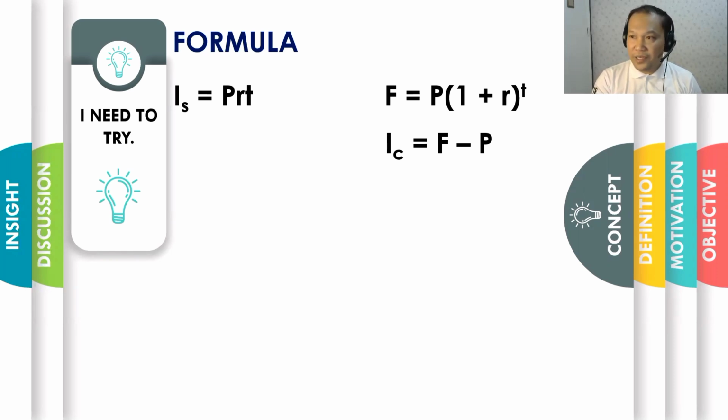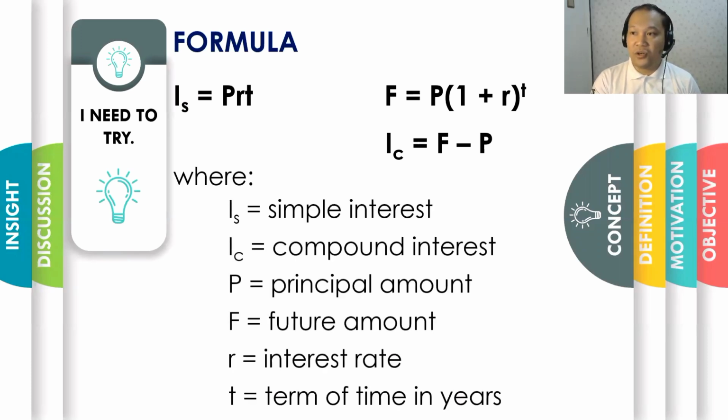Okay, now to understand better the symbols that we are using in computing for the simple and compound interest, here are the following notation or the symbol and its meaning. Now, I sub S is what we call the simple interest, meaning if we are going to get the simple interest of the problem, therefore our formula will be I is equal to P times R times T, where I stands for simple interest.